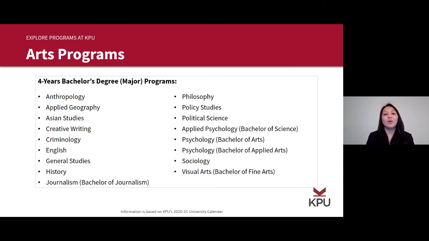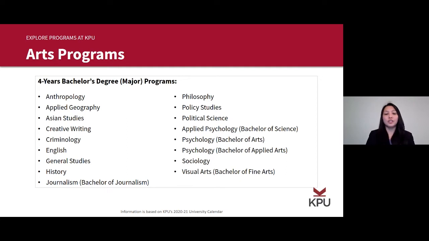Okay. So in terms of the psychology part, you may wonder why there are 3 types of psychology programs. I would say the difference between these 3 are, let me just highlight them for you. So these 3 right here. So Bachelor of Arts in Psychology, that's the most common one. Usually when students want to know about the different psychology theories, that would be the one that they would be interested in.